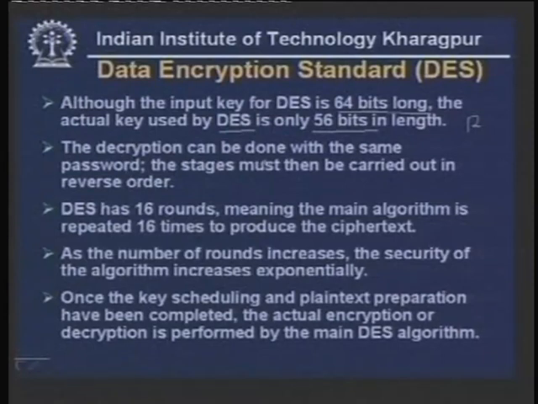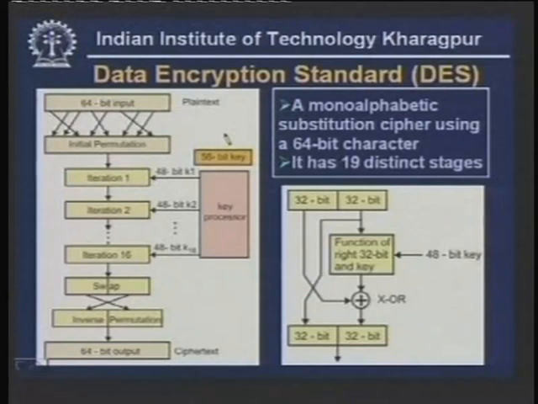The decryption can be done with the same password, and the stages must then be carried out in reverse order. So, to perform decryption, you just do the reverse operation: the inverse permutation first, then swapping, then it passes through the reverse process using the same set of keys to get back the plain text.